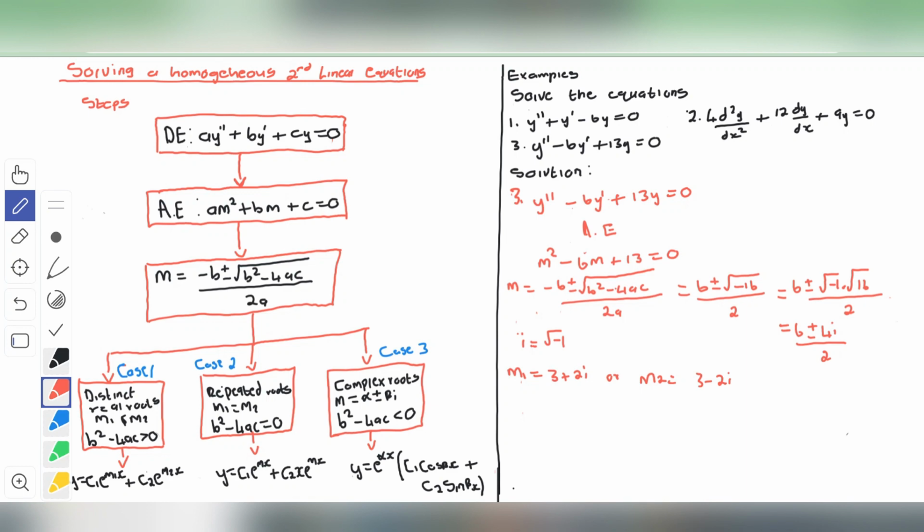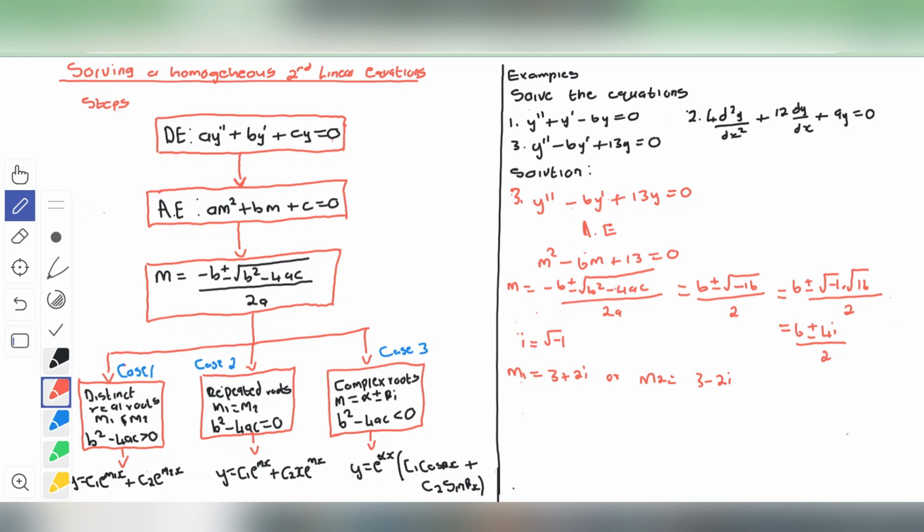From here, it's obvious that we have complex roots. How do we see the complex roots? We can see that we have i, and when we calculated 6 plus or minus the square root of negative 16 all over 2, it gave us a math error because we have the negative root. So this is how we do it, whereby we know that i squared is equal to negative 1, right?